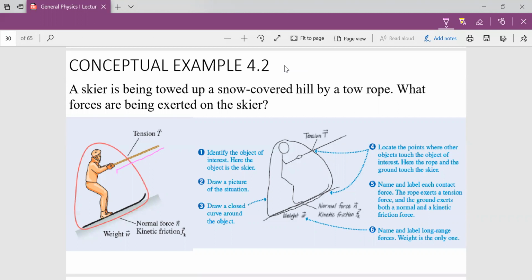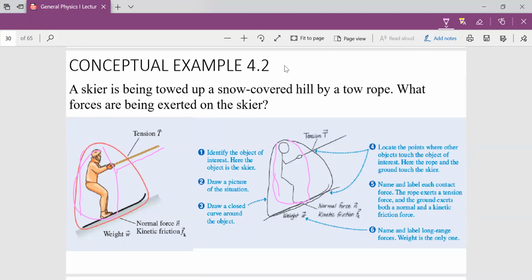We use the same 6 steps. Identify the object of interest, which we did. It's a skier, that's the object of interest. This is the artistic picture. Let's look at what you would draw, which does not have to be perfect. You identify the human, which is the object of interest, and you make a circle around it.